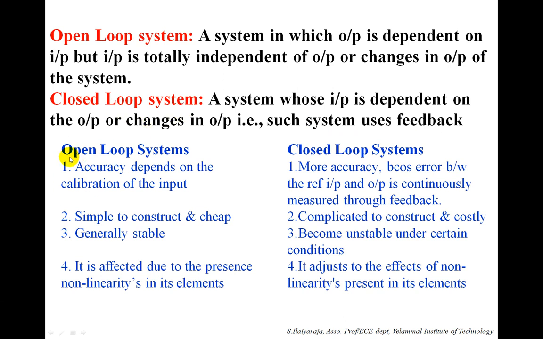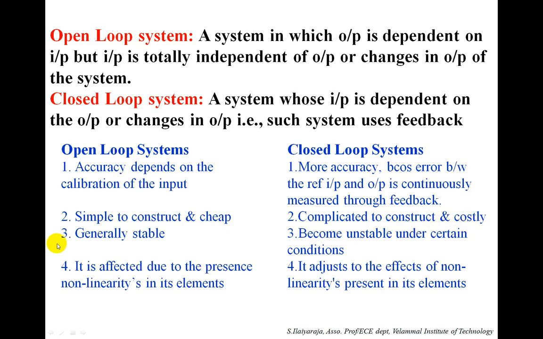So we have a comparison of open loop and closed loop system. In open loop, accuracy depends on the calibration of input, but in closed loop there is more accuracy because the error between the reference input and output is continuously measured through feedback. The second comparison: the open loop system is simple to construct and cheap, but the closed loop system is complicated to construct and costly.